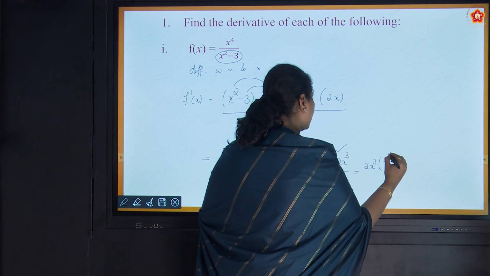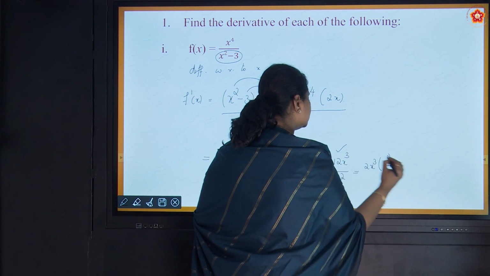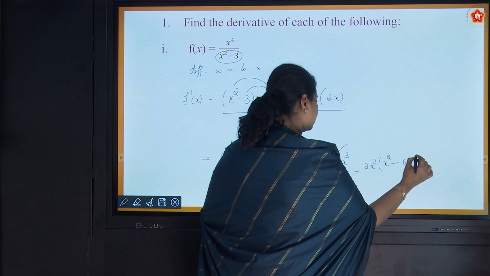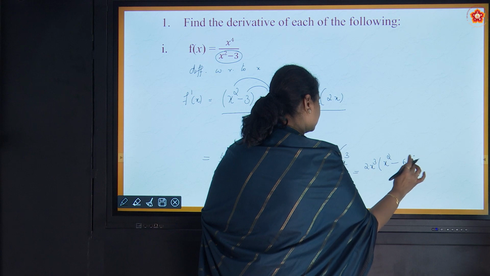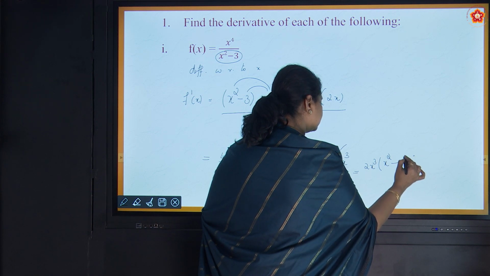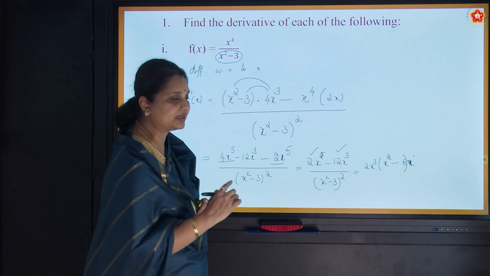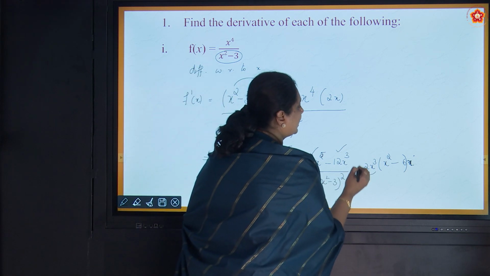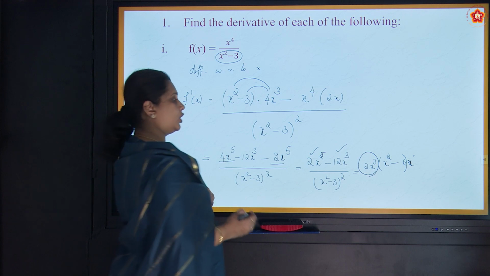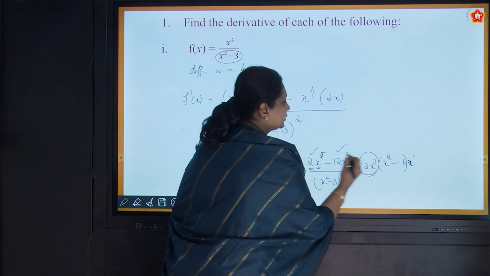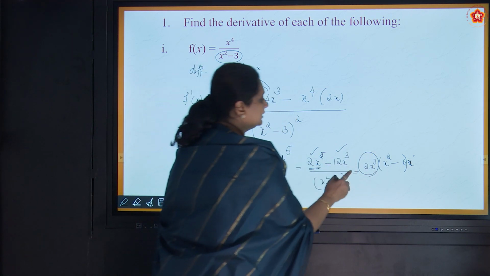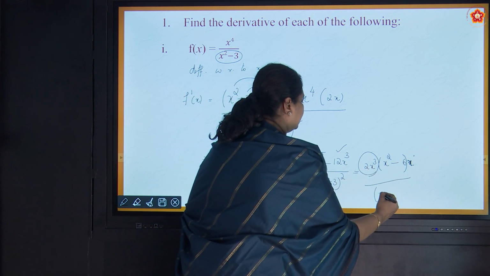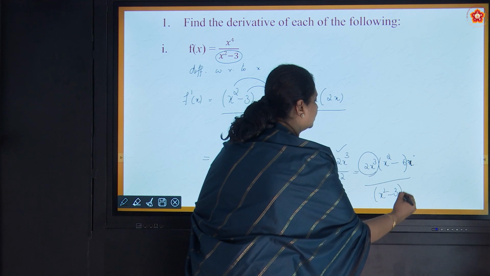Because 2x cube is taken out as common, the remaining here is going to be x square minus 6, divided by x square minus 3 the whole square.